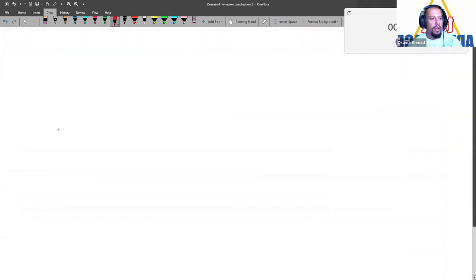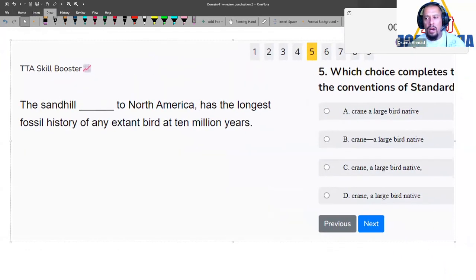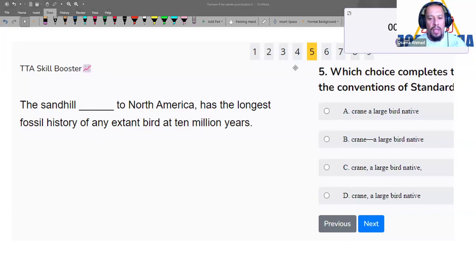Let's go to question number 5. Again, avoid fragments. Read the full sentence, Muhammad, Umar, and Noor, from the beginning until the end. Avoid fragments.